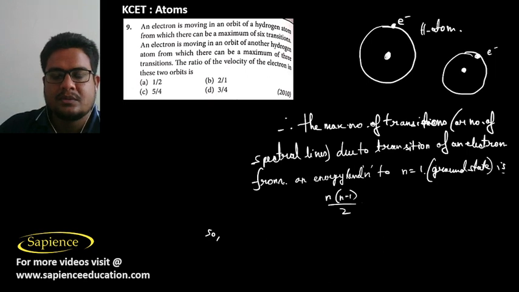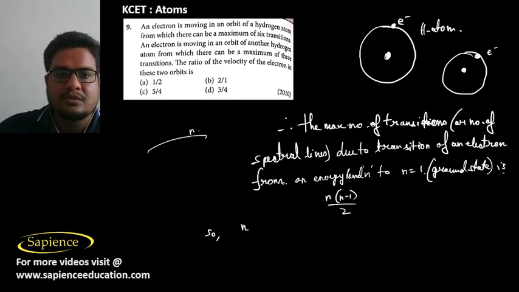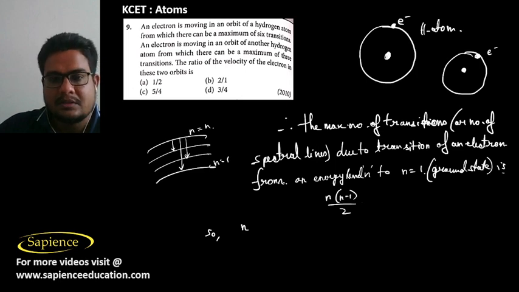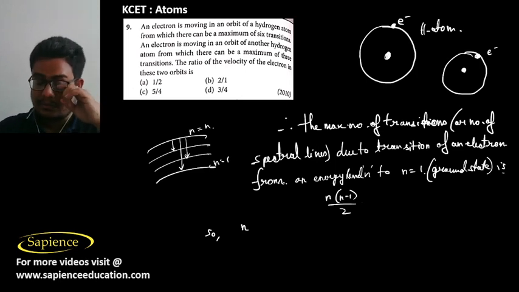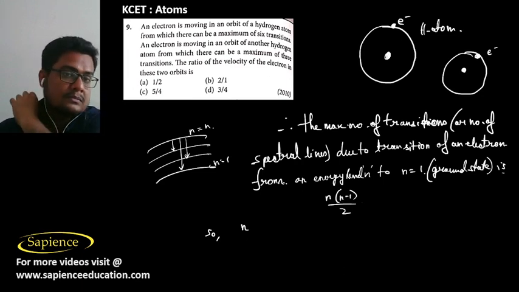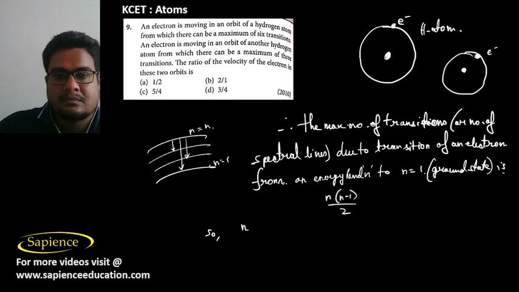So suppose if it goes from n is equal to n to n is equal to 1, then the number of possible transitions will be equal to n into n minus 1 by 2. So here the number of transitions for the first case is 6.